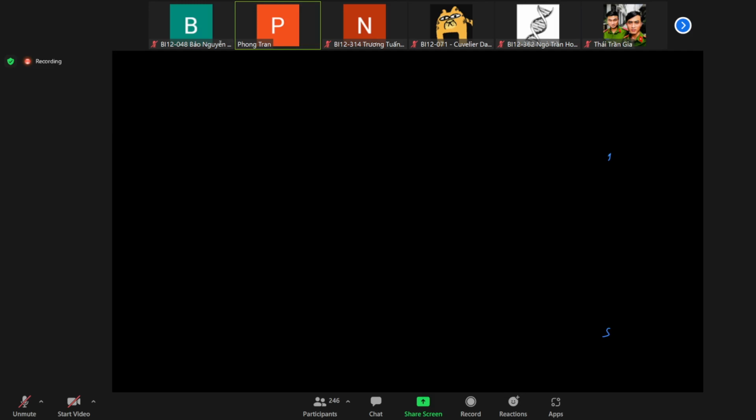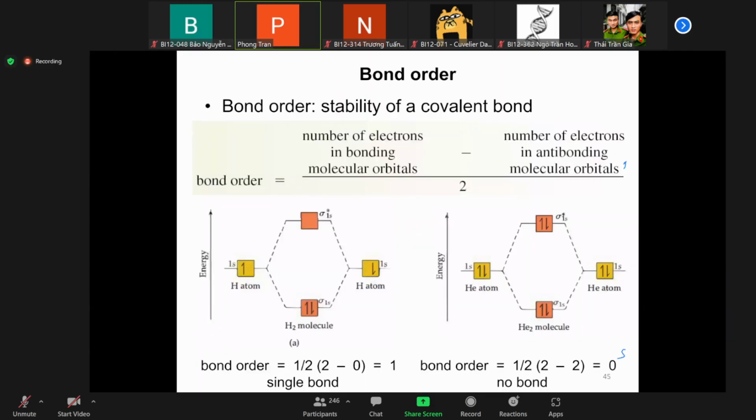So let's look at the case of helium. Helium has electron configuration 1s2. So one helium atom has two valence electrons. If you put two helium atoms together, in total you have 4 electrons. Let's consider the combination of 1s helium and 1s helium orbitals.